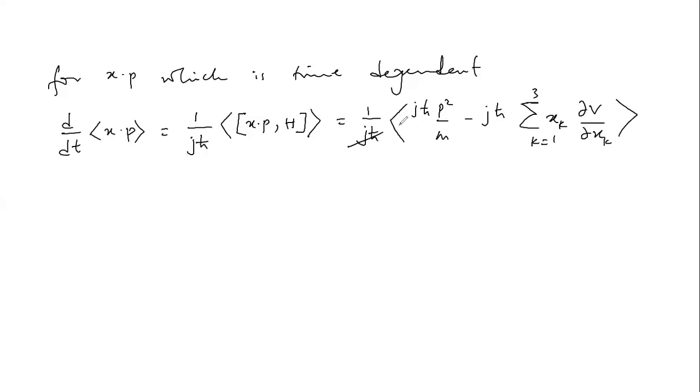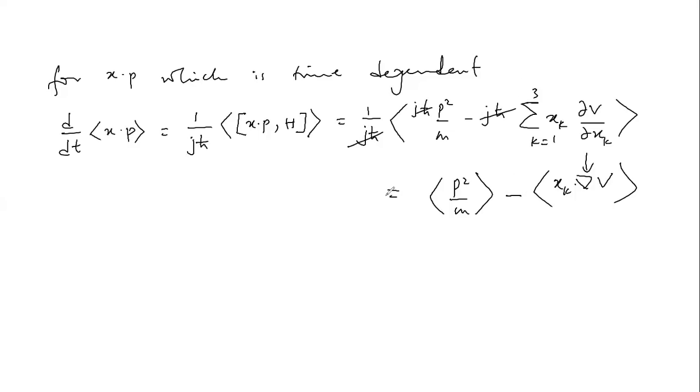And once we strike this through, this is going to give us ∇V, where this is S_k, and then this is going to give us p squared over m. And once we take the expectation value, then we have a negative here.